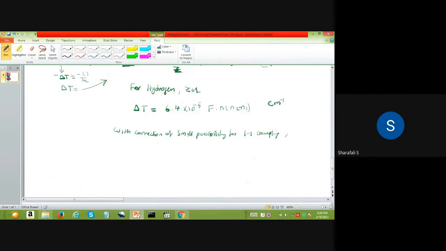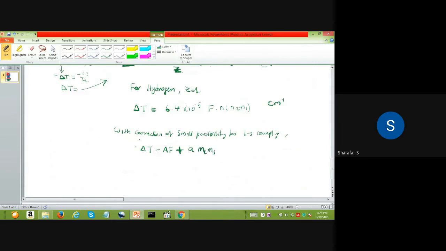So if you consider that correction, we discussed earlier also the same correction, then we have to add plus A times ML into MS term. So with the correction, this delta T will become AF plus some A times ML MS.